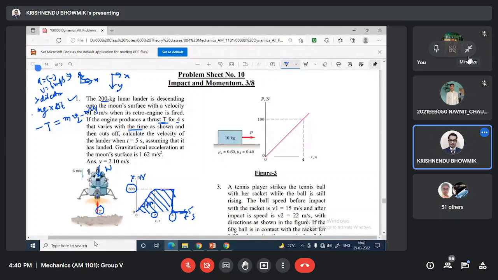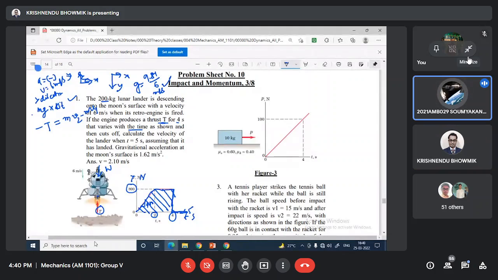As per the given problem, g, acceleration due to gravity, is 1/6 of Earth's on the moon. So 9.81 by 6 meter per second square. It is given as 1.62 meter per second square.